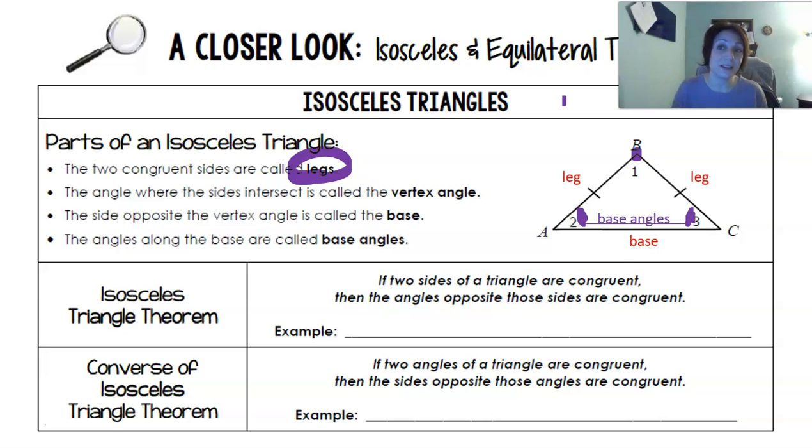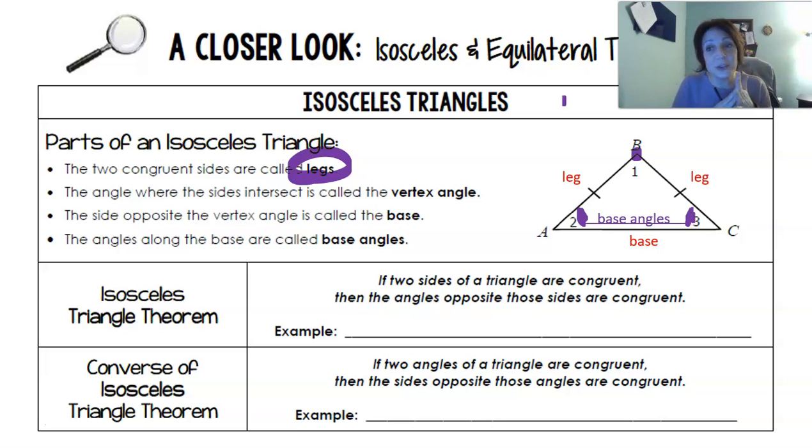So if you look at an isosceles triangle, by definition, an isosceles triangle has 2 congruent sides. But it then follows that those opposite angles, the base angles, are also congruent.